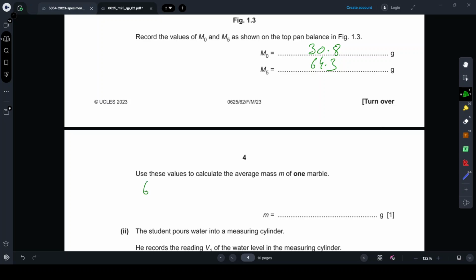So it's 64.3 minus 30.8, and that's going to give us the mass of the 5 marbles. And then we're going to divide it by 5 for the average. And so what is the result that we're getting out of this? 6.7? 6.7, yes. So 6.7 grams.